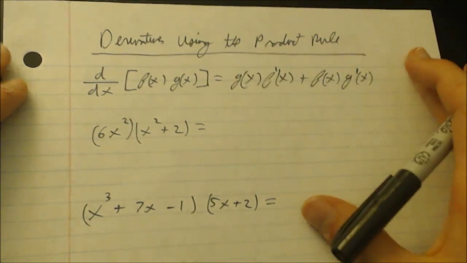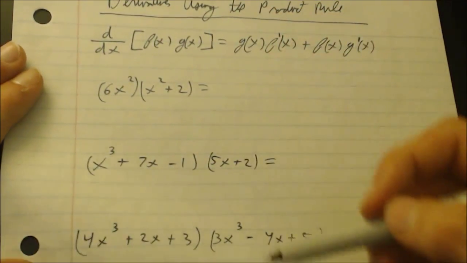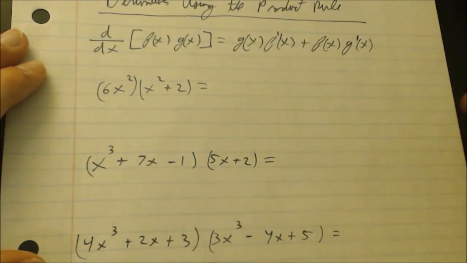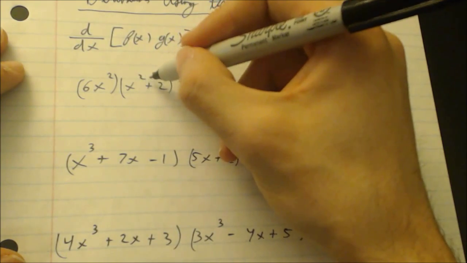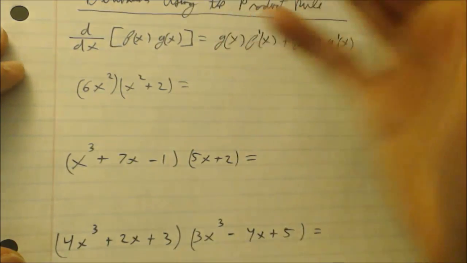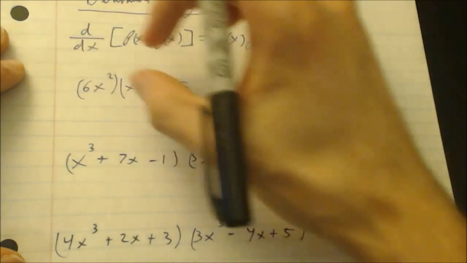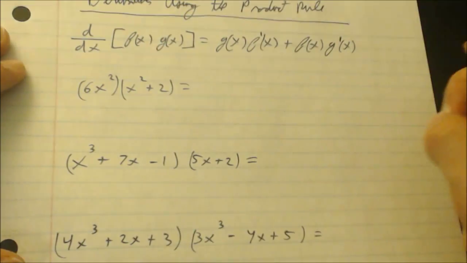Now I'm just going to show you really quick what that means with these few problems below. We have 6x squared times x squared plus 2. Now you just have to find the derivative. It's two separate functions basically that you're multiplying here.